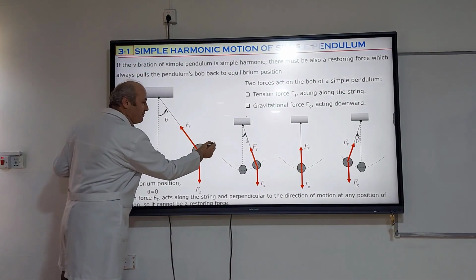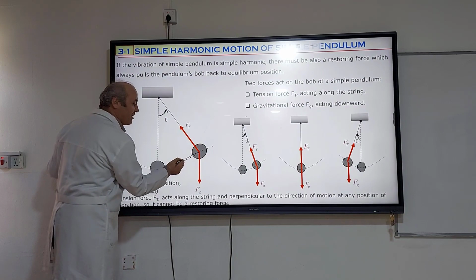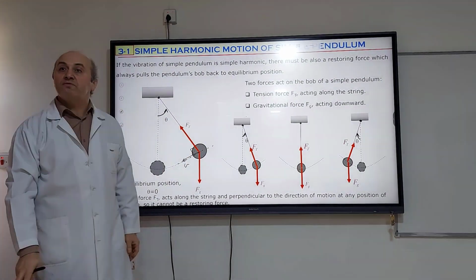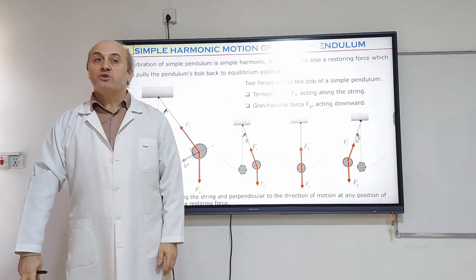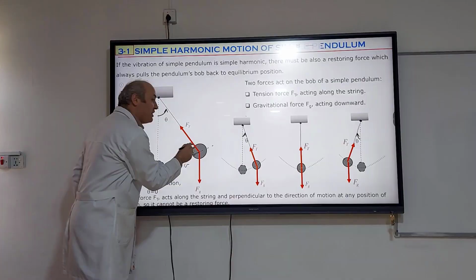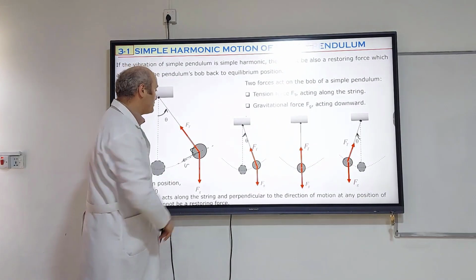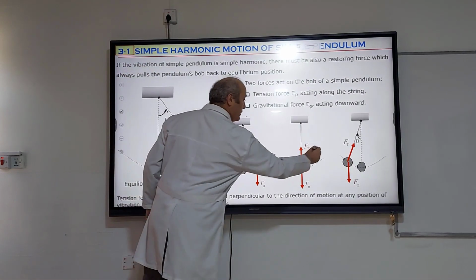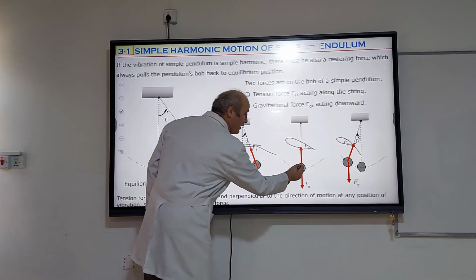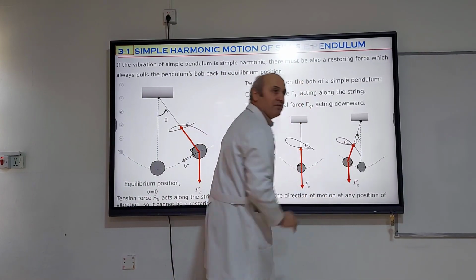Tension force is always perpendicular to the direction of motion. Any force perpendicular to the direction of motion cannot be a restoring force, because a restoring force always acts in the opposite direction of the displacement. That's why I'm going to eliminate Ft, which is always perpendicular to the direction of the motion.